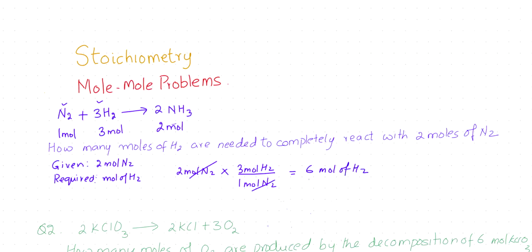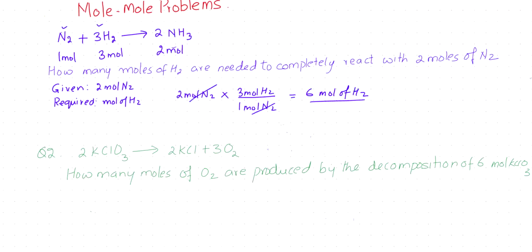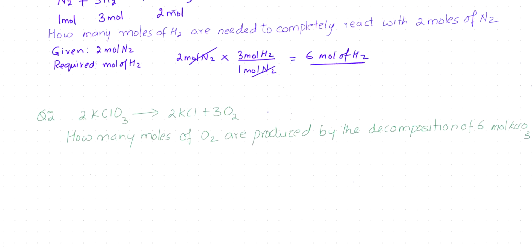The next question. Potassium chlorate decomposes to form KCl and oxygen. The balanced equation is 2 KClO3 gives 2 KCl and 3 moles of oxygen. Now the question is how many moles of oxygen are produced by decomposition of 6 moles of potassium chlorate.